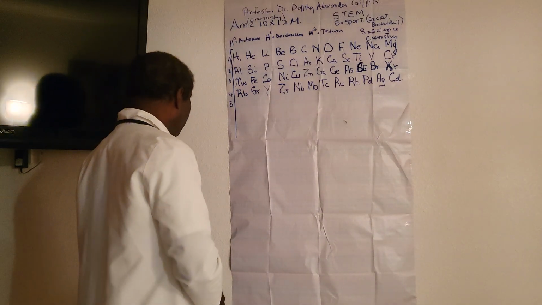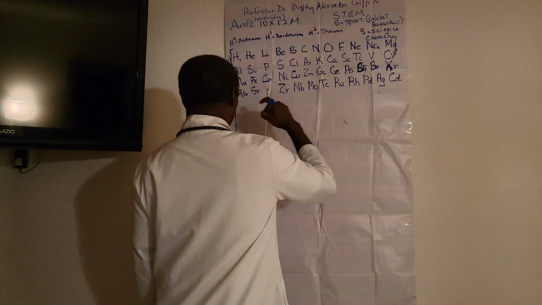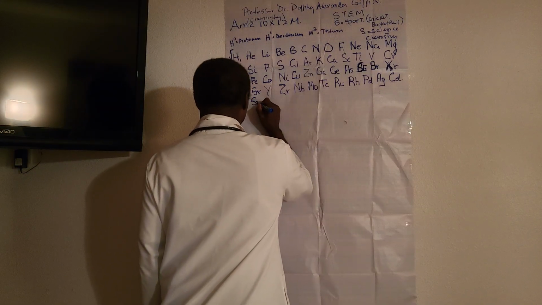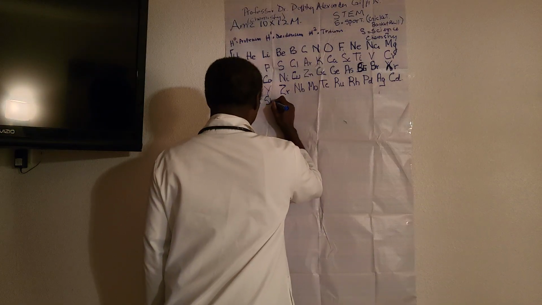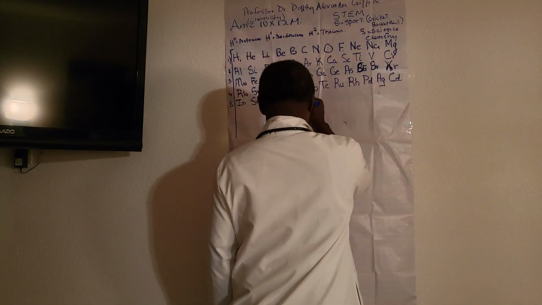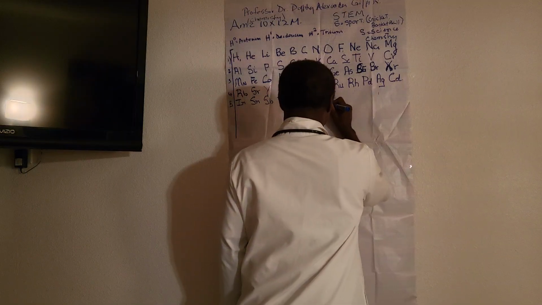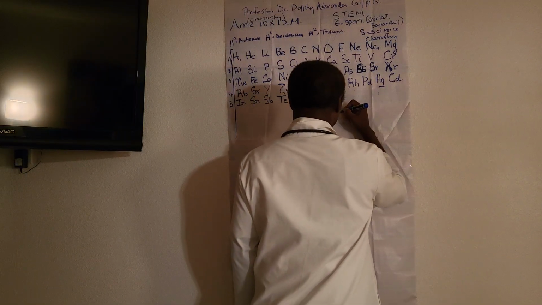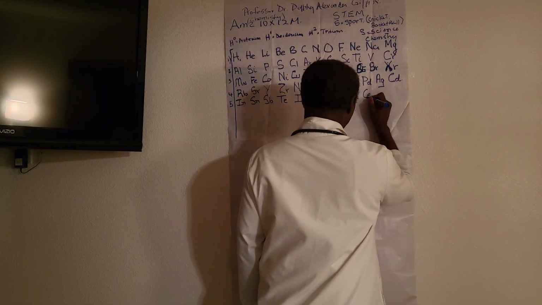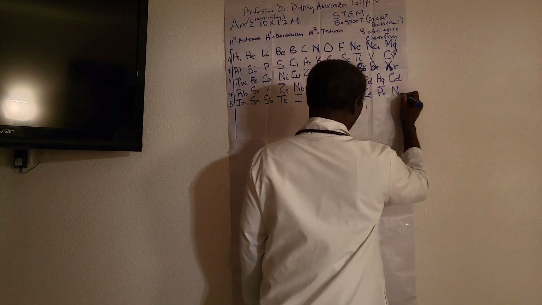And we're reaching the fifth row, you know, cadmium is 48, so 49 would be indium, precious metal, In, and then 50 would be tin, and then antimony Sb 51, and 52 would be tellurium Te, 53 would be iodine I, 54 would be xenon Xe, 55 would be cesium Cs, 56 barium Ba, 57 lanthanum La, 58 cerium Ce, 59 praseodymium Pr, and 60 neodymium Nd.